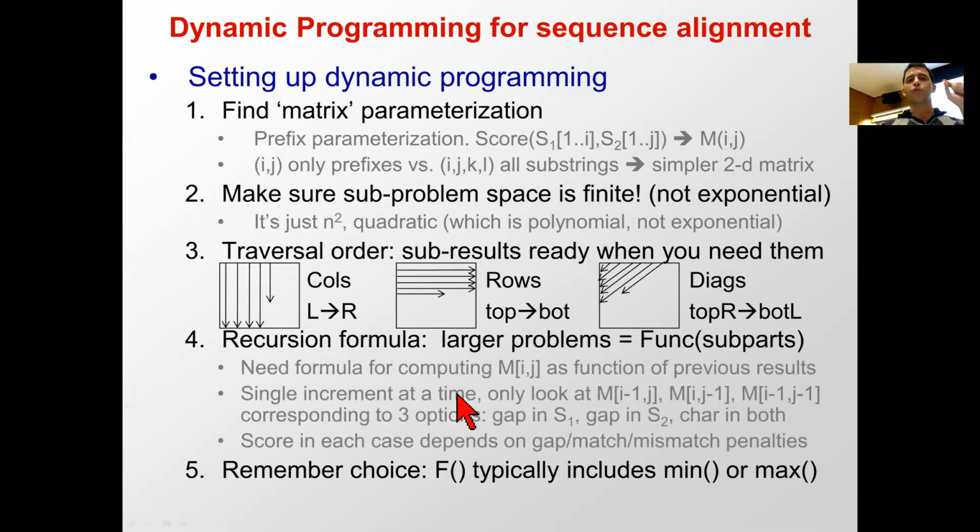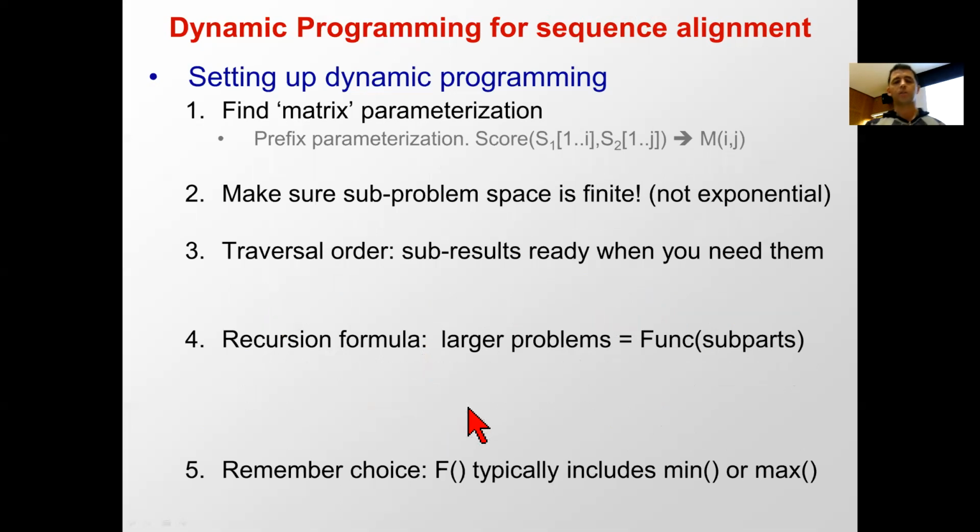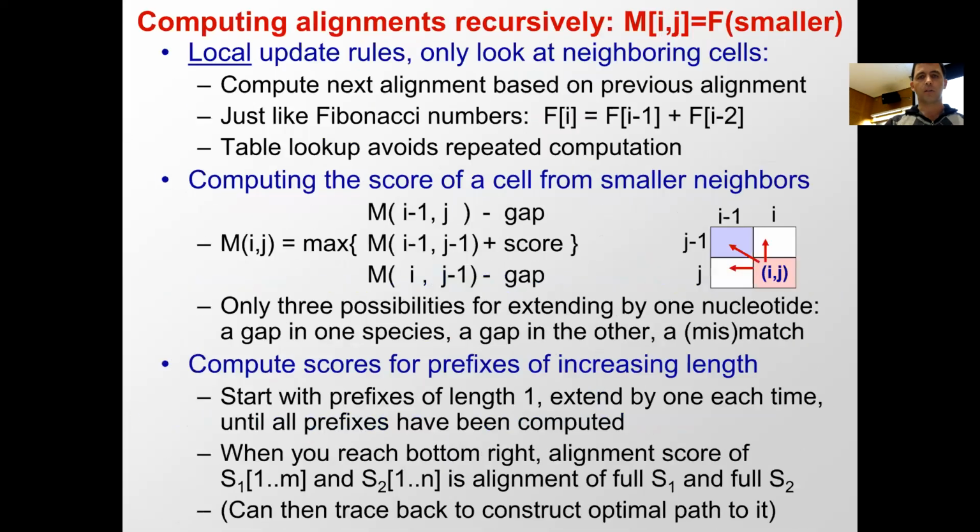We need a formula for computing Mij as a function of the previous results, okay? So it's a single increment at a time, and that's this formula here.